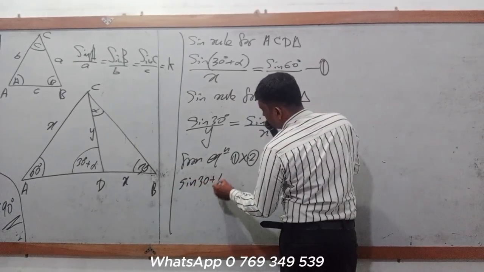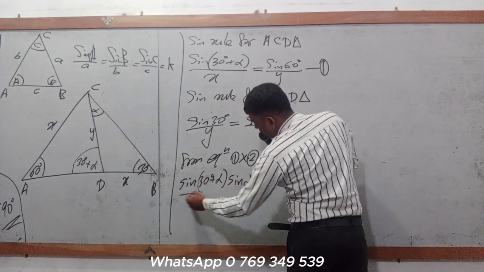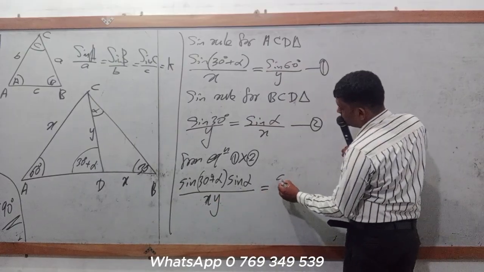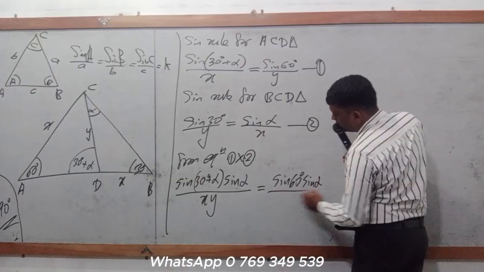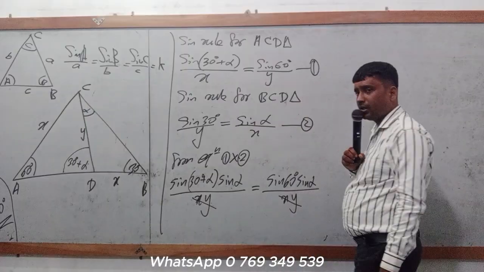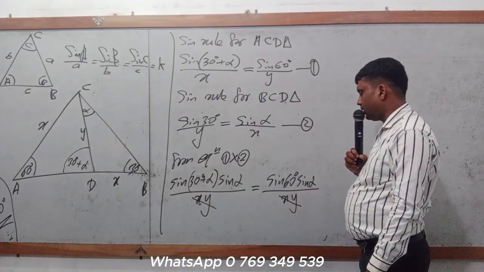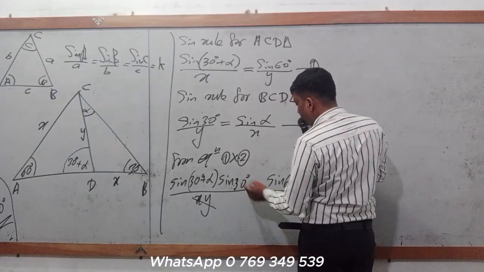Sine 30 plus alpha times sine alpha divided by denominator xy. And here sine 60 sine alpha divided by xy. You can cut xy. No, here sine 30, no? Sine 30.